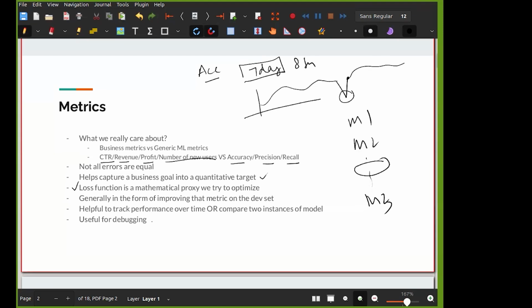Maybe when we discuss the case study later on, I'll show you how metrics can be used for debugging. But this was one example of debugging, that suddenly your metric dropped. So you train your model every day, but you decide on a certain criteria whether you want to use a new model or you continue to use the old model. Anyways, these are the high level reasons why we need metrics.